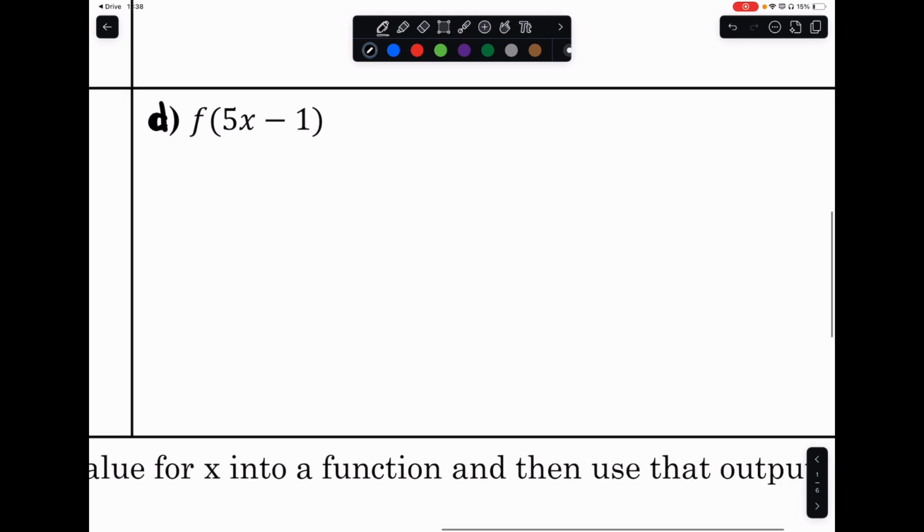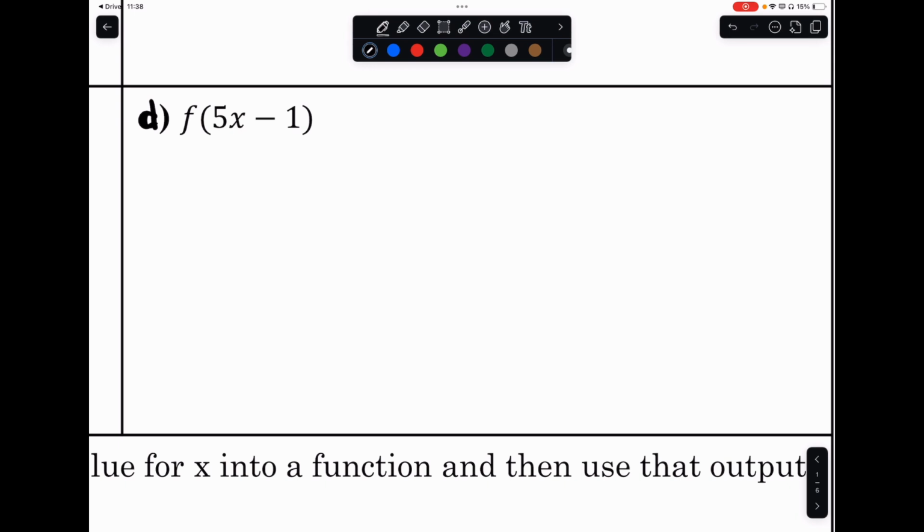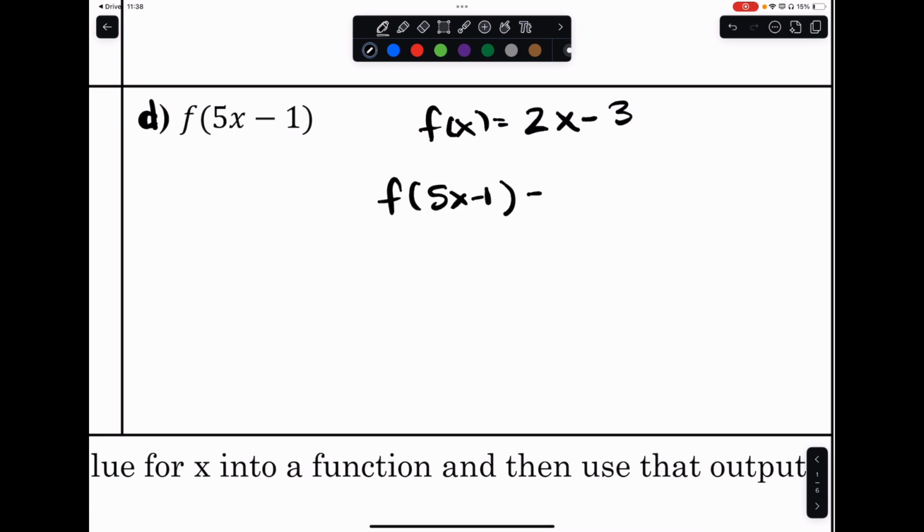So in example D, again, f of x equals 2x minus 3. And we want to now evaluate f of 5x minus 1. To evaluate f of 5x minus 1, this again means that we're going to simply replace our x values with 5x minus 1.